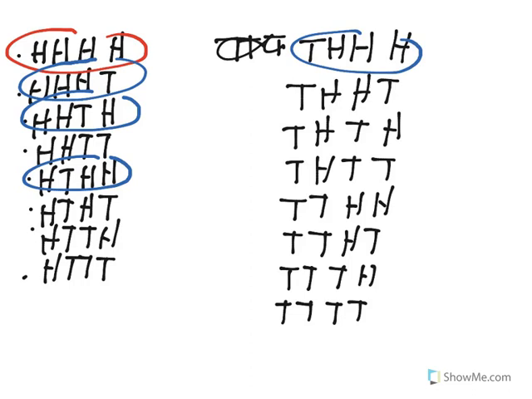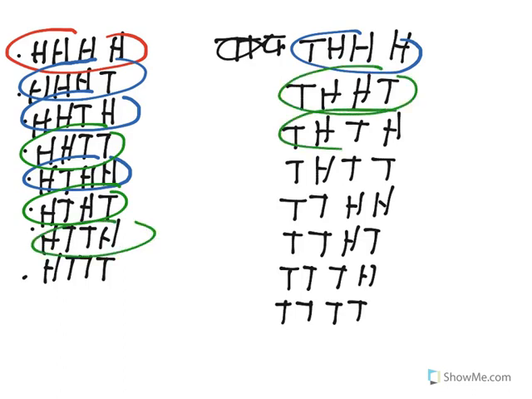And then I'll make in green the ones with 2 H's. So having 2 H's, 3 H's, or 4 H's is going to make A win. And if we count these up, there's 1, 2, 3, 4, 5, 6, 7, 8, 9, 10, 11. 11 out of the 16 things that can happen when you flip 4 coins are A winning.